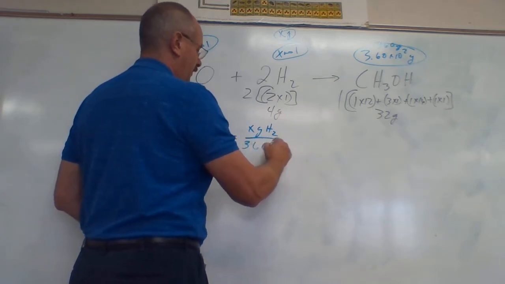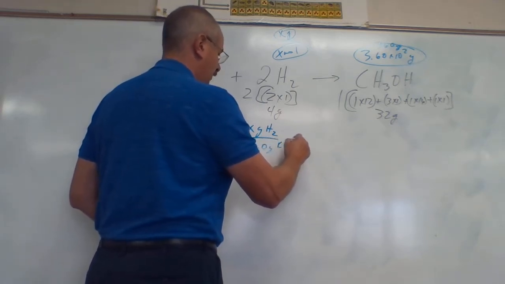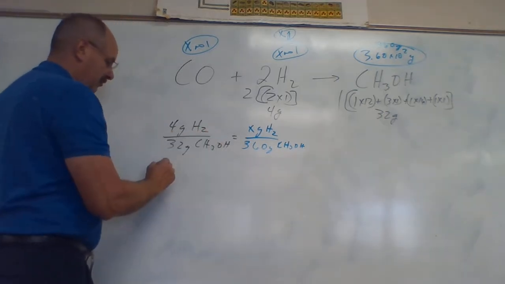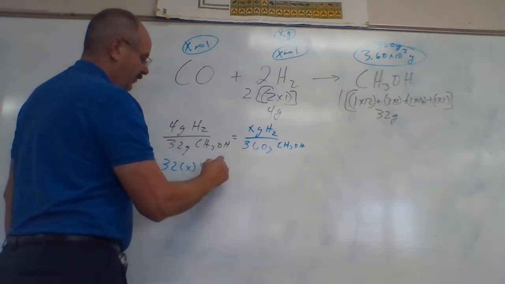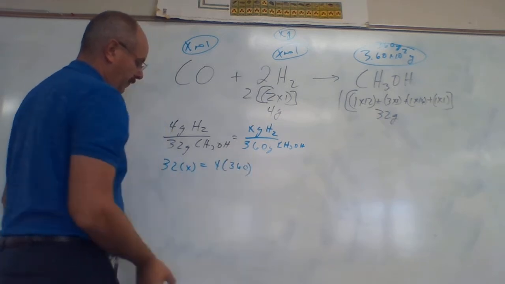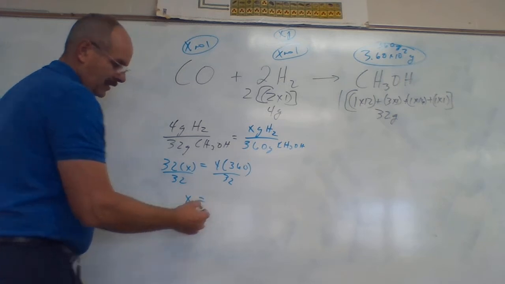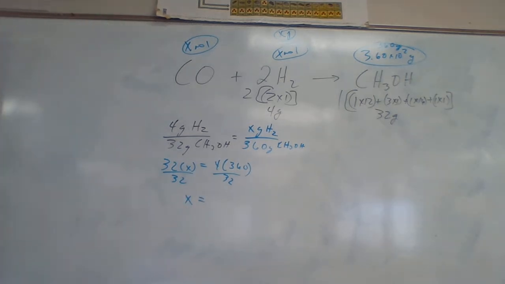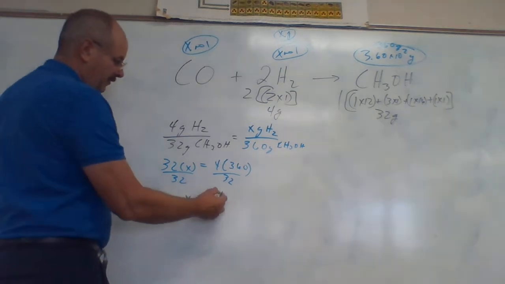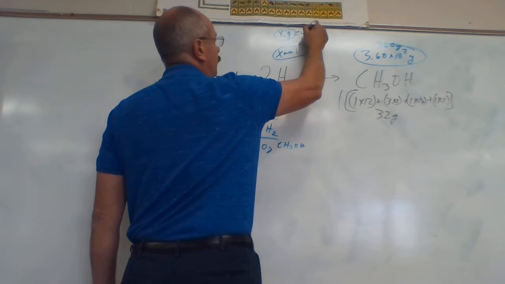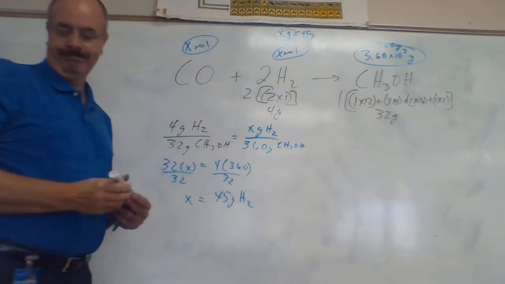We'll make 360 grams of CH3OH. So from there, cross multiply 32 times X equals 4 times 360. Divide by 32, divide by 32, and X ends up equaling 45. Sorry, I was looking for my answer. 45 grams of H2. So this is 45 grams of H2.